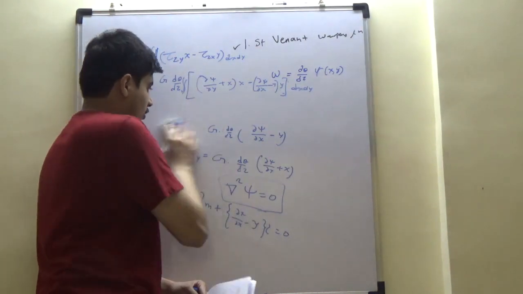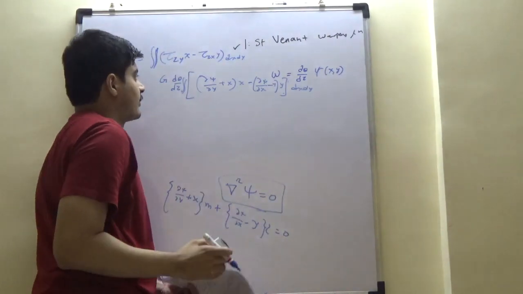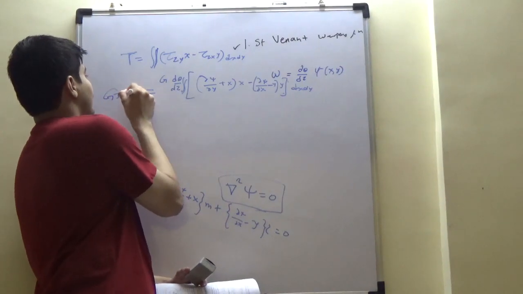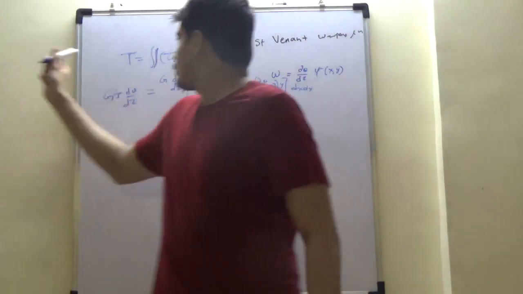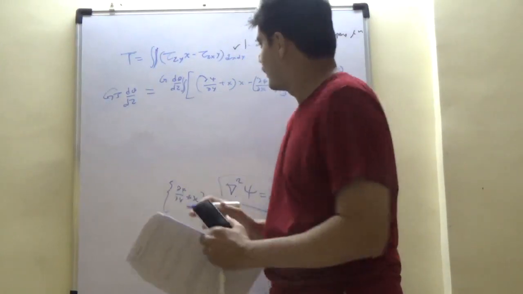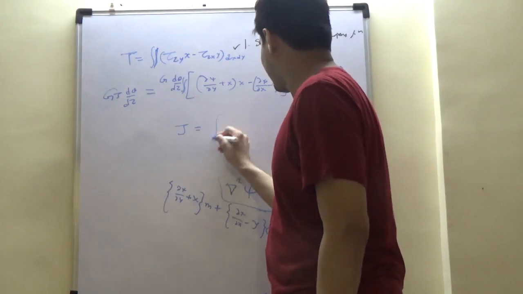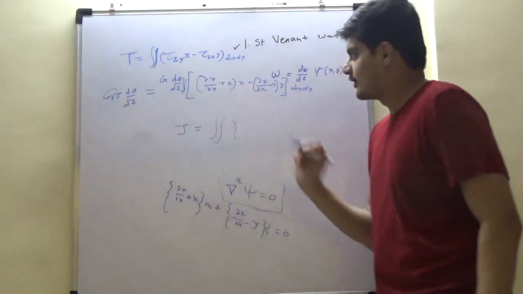This is what I am going to be left with after substitution. So G, and this is G J theta dash. We have already started expressing our torque as G J theta dash, right? So by comparing this, you can see that J is nothing but this double integral of this.